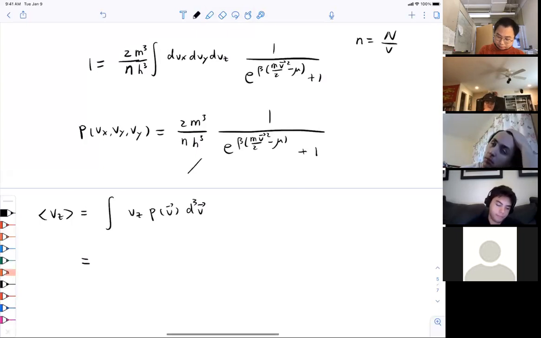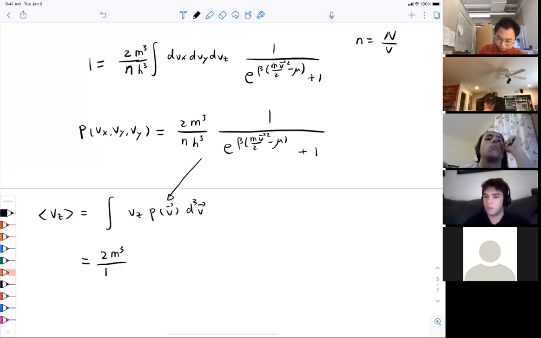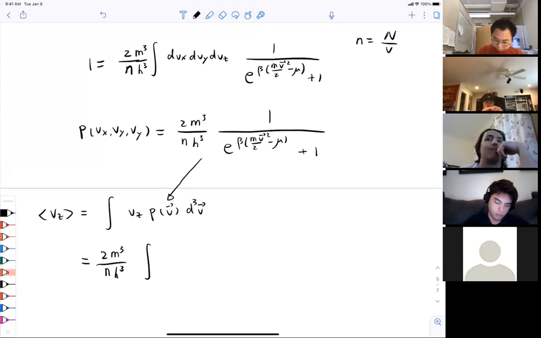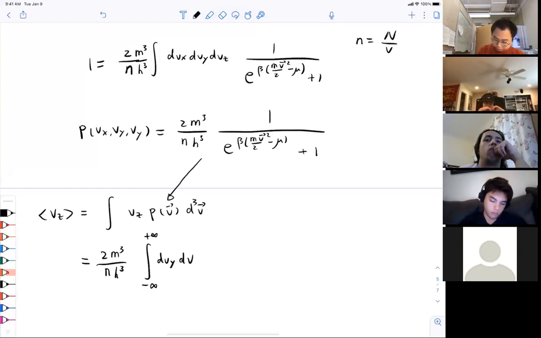I just plug in 2 over h cubed, with integration over Vy from minus infinity to plus infinity, the same thing for Vx.